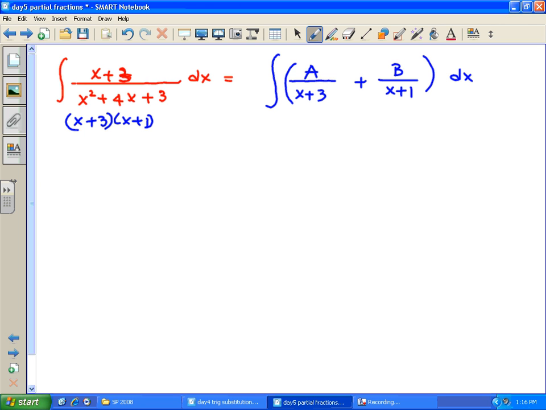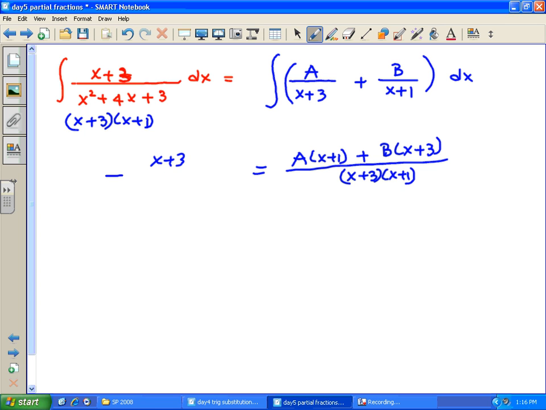Integrate two very simple functions, basically. Okay, to find a and b, we're going to get common denominators on the right-hand side. So you can say that a times x plus 1 plus b times x plus 3 over the common denominator of x plus 3 times x plus 1 must equal the left-hand side, right?